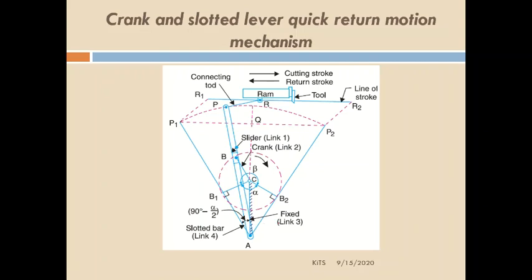First of all, AC is the fixed link. Then CB is a crank. B is a slider.